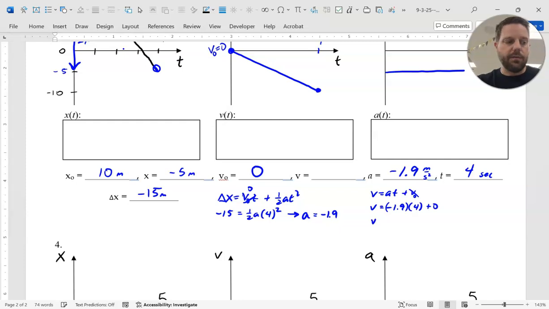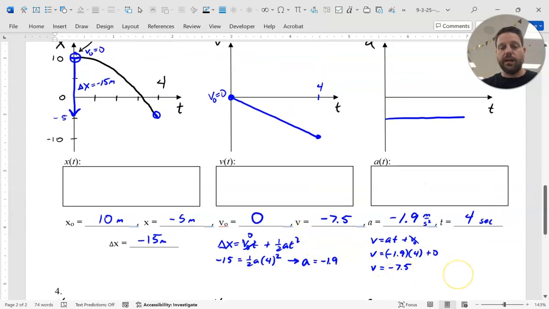And that's going to go ahead and get me my ending speed of -7.5. I know that's 7.6 if you do that, but there's some rounding in there. So I'm just going to go with 7.5, although if you do this exactly, you do get 7.6, and that is fine. Okay, so now we're basically done.